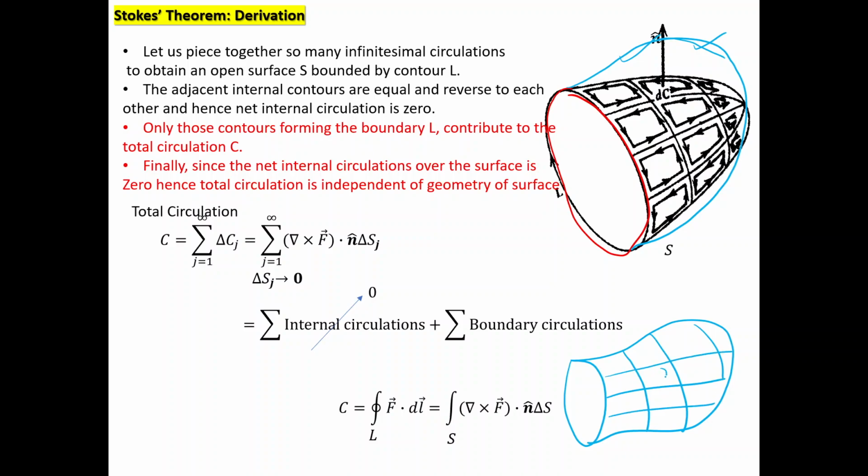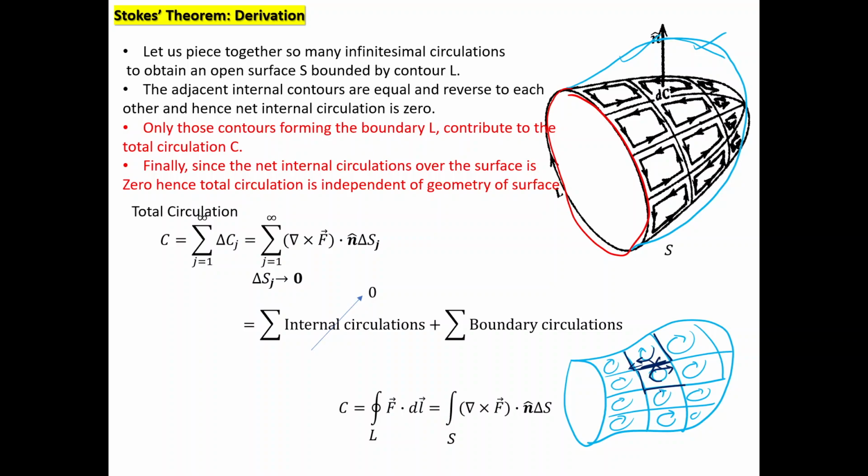You can see if this is the direction of the circulation, then at this path, for this circulation, the direction goes this way, and for this, the direction is opposite.